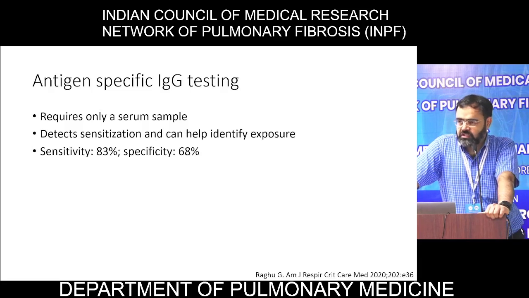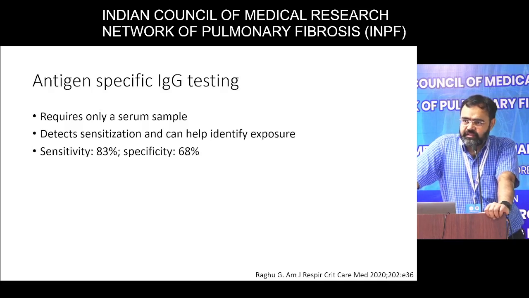But even with those cutoffs, we found that the sensitivity in our study was only 57%, and the specificity was only 78%. So about 20% false positivity rate if we just use the specific IgG testing as the sole parameter of diagnosing HP, and sensitivity of only picking up just about half the patients.